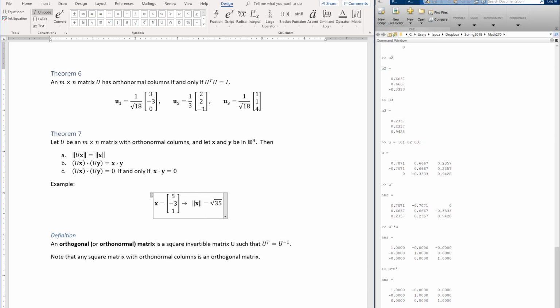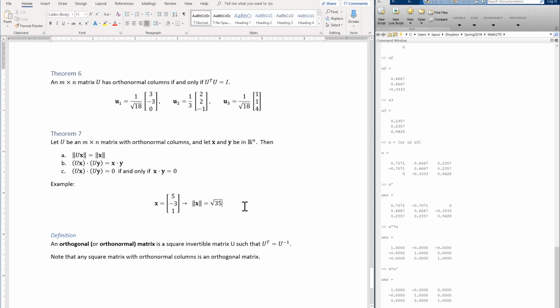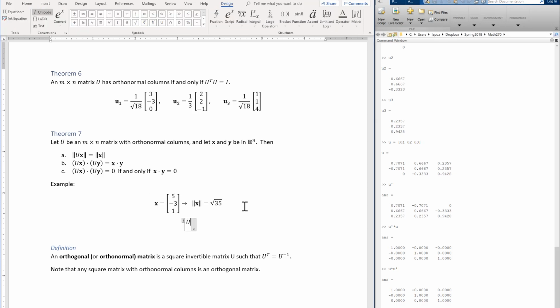So if we take this U matrix that we found and apply it to this vector, then the length of that should also be equal to the square root of 35. So let's see, U times x is equal to, and since U is kind of this complicated looking matrix, instead of doing it by hand, I'm going to use MATLAB to do it for me.